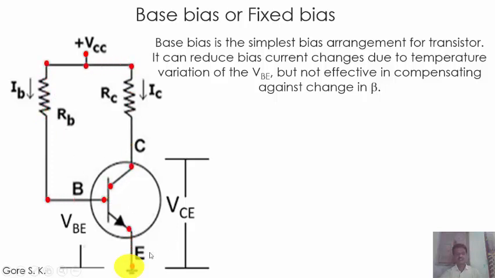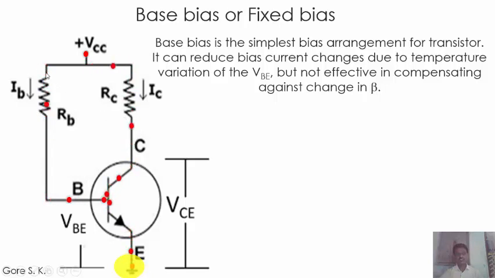Here, this is the transistor, an NPN transistor, and one resistance is connected between the power supply, that is VCC, and the collector. This provides the collector voltage and the collector current for the transistor.